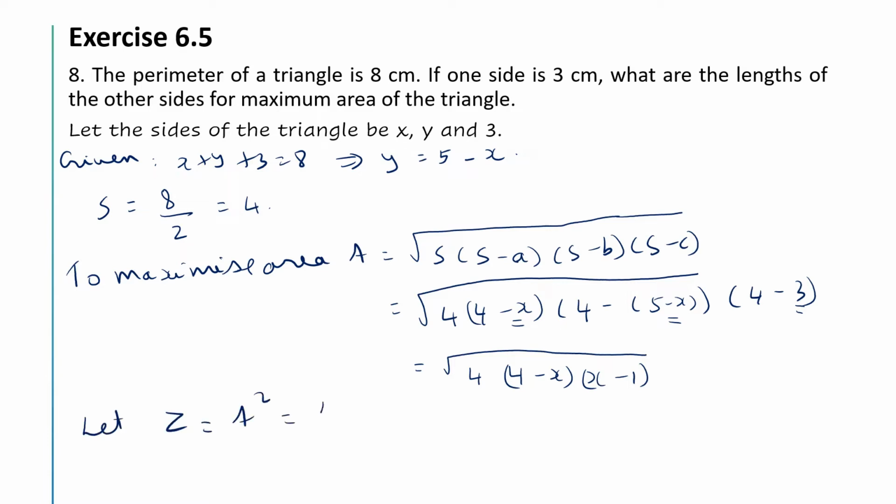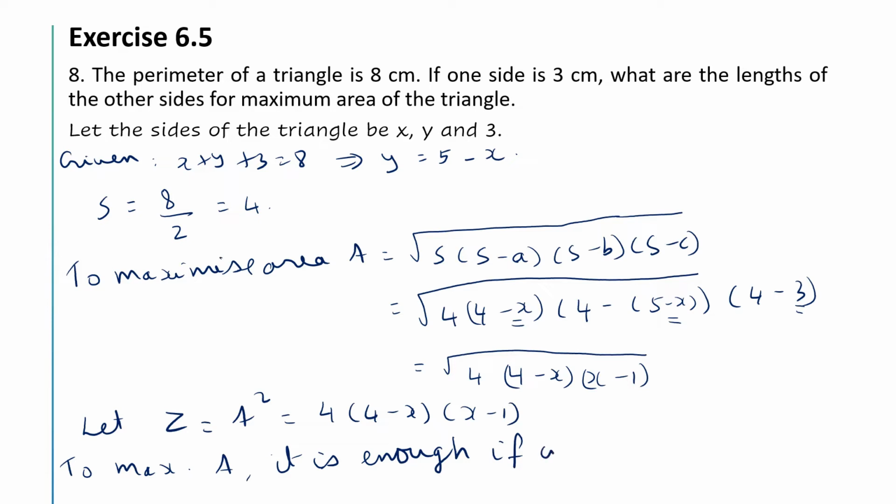It is equal to 4 into 4 minus x into x minus 1. To maximize A, it is enough if we maximize z. So we have to find the value of x for which z is maximum. So let me continue.